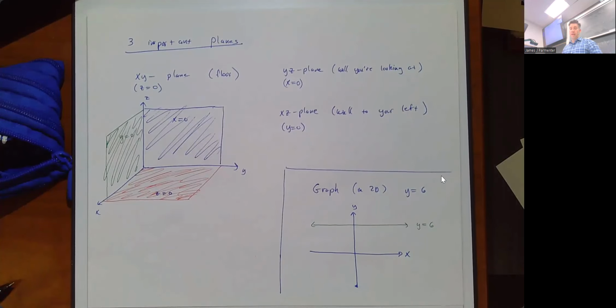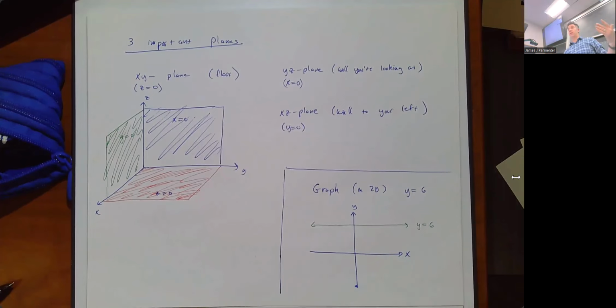There's the line y equals 6. Okay, but importantly, on the line y equals 6, what does x get to be? Anything, everything, right? So if you have an equation that doesn't include a variable, that variable gets to have free range and be whatever it wants to be.